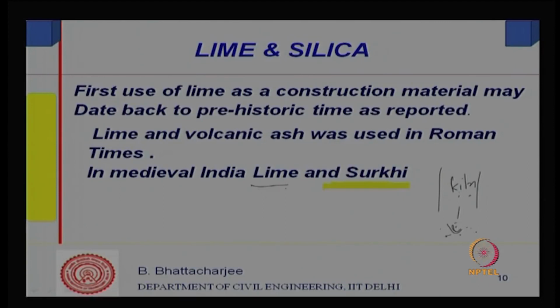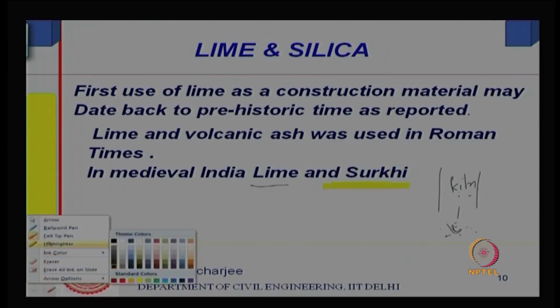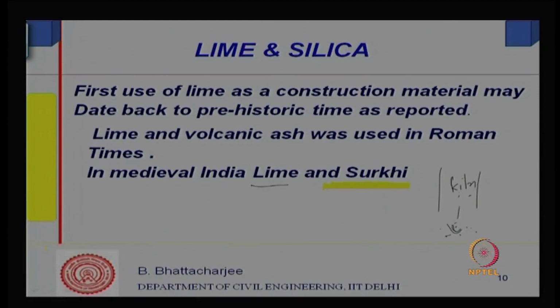Lime and surki were used in India largely as a binding material for stones, in masonry construction, like concrete as an artificial stone.